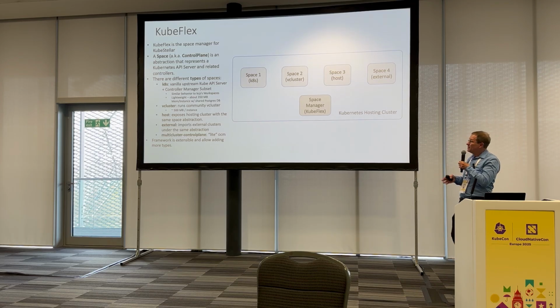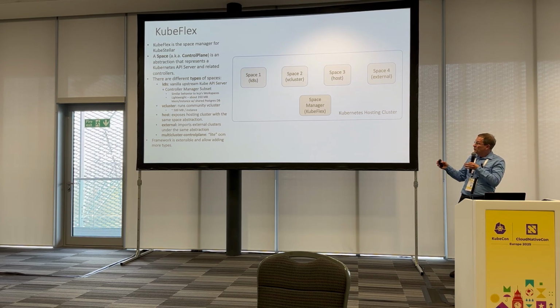And why something like this? Because essentially, we need a way to manage these spaces, a way to provision an API server, a Kubernetes API server, with some controllers. And this is not a full cluster. Now, some folks may be familiar with vCluster. vCluster is trying to virtualize a whole Kubernetes cluster, creating a virtual cluster inside, right?